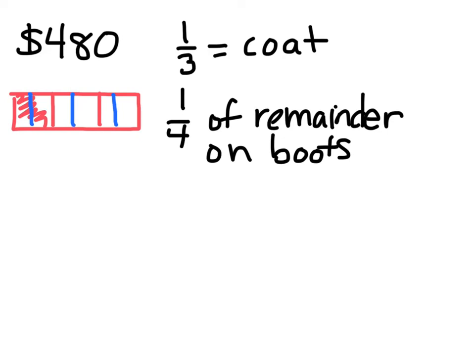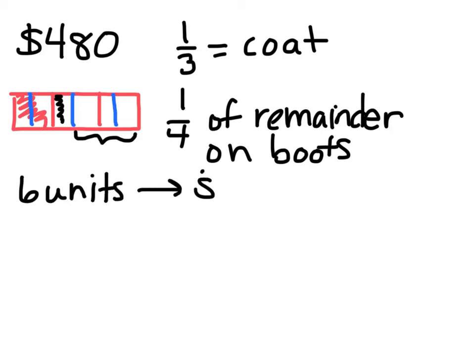Now, of the 4 parts remaining, 1 was spent on a coat. And what's left are these 3 pieces. So our model shows us that we have 6 units equaling $480. To find out the value of 1 unit, we need to divide each side by 6.